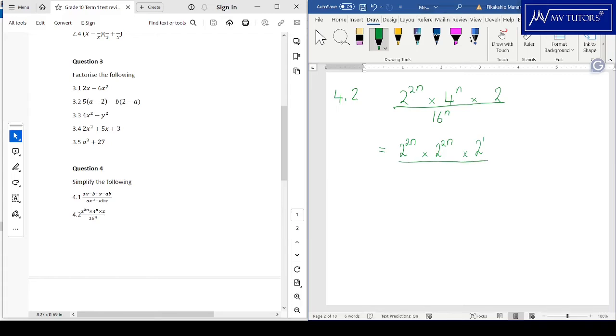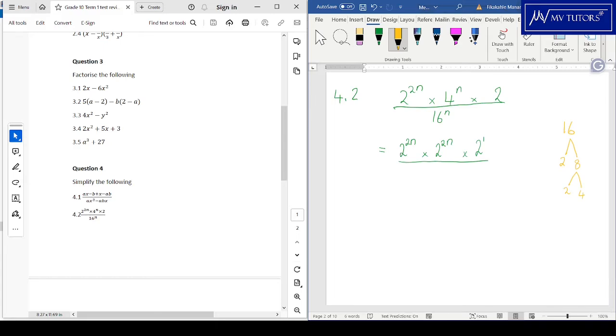16, you need to change 16 to a product of its prime factors. Let's do this on the side. So 16, the first prime factor, I'm going to do a tree diagram. The first prime factor is 2. Does 2 go into 16? Yes. 16 divided by 2 is 8. Does 2 go into 8? Yes, it does. So I write it down. 8 divided by 2 is 4.